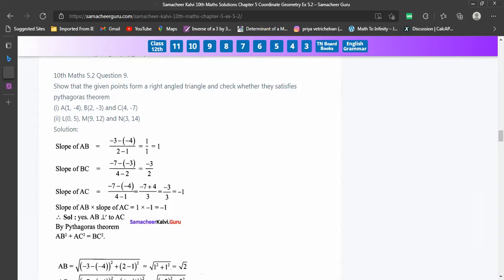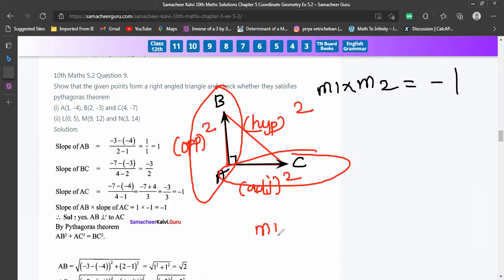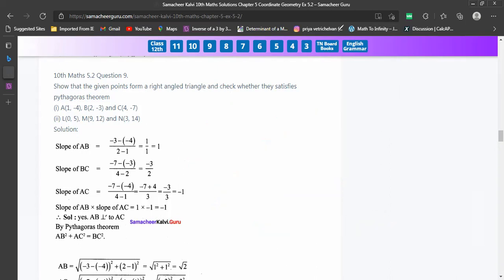From the diagram, you need to find the slope of AB and the slope of AC, and check whether the product of the slopes is equal to -1 or not.